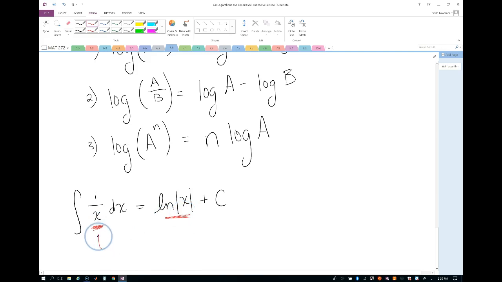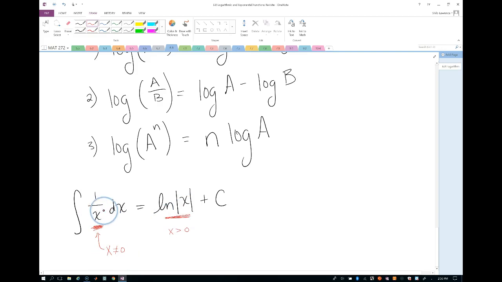So the only value right now that we can't plug into 1 over x is 0. X can't be 0. And if you were to just say the antiderivative was natural log of just regular x, well, natural log has a domain of x greater than 0. You can't plug a negative into a natural log, even though a negative would be perfectly fine in the fraction.